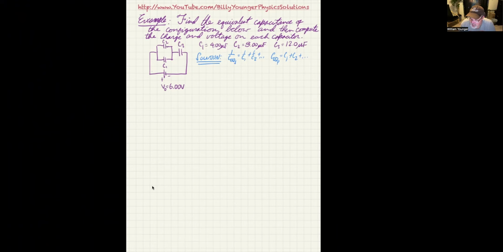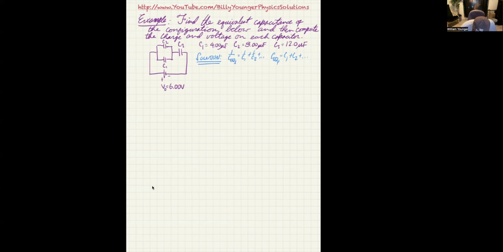Are any two specific capacitors in series, meaning exactly in series, or are two or more capacitors in parallel, meaning exactly in parallel? Like you can say that C2 and C3 in some sense are in series, but they're really not, because C2 is actually in parallel with C1, and C3 is actually in series with that parallel band of capacitors. So that's why C2 and C3 are not really in series yet. But C1 and C2 are in parallel.